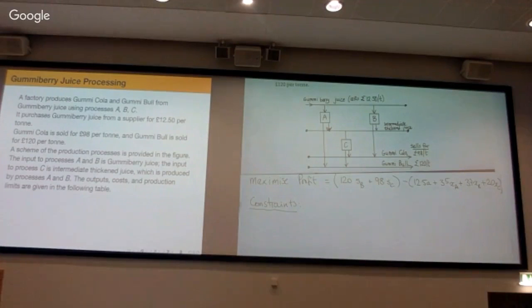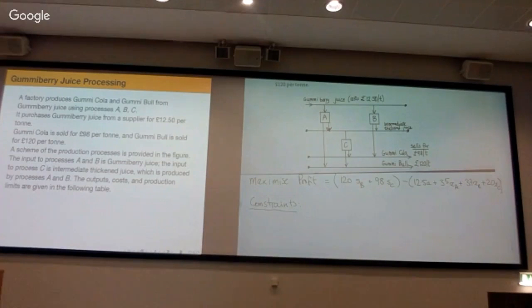So you can't, on the one hand, create any gummiberry juice that you don't buy. And on the other hand, you don't want to buy more than what you're putting into A and B, because you don't know what to do with it, as it's the dead end of the pipe. So you can't dispose of it in any way.